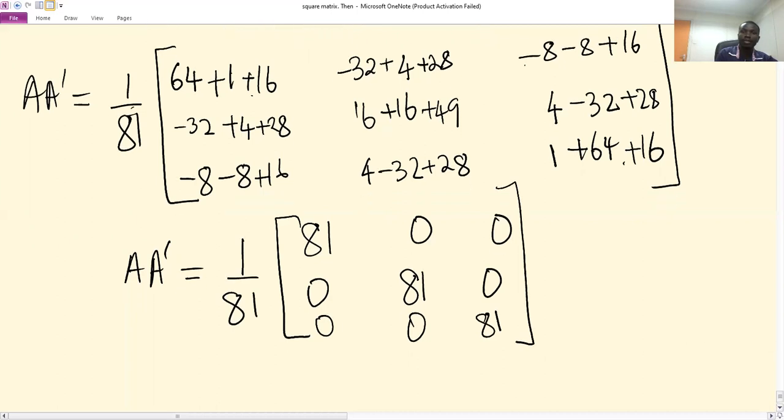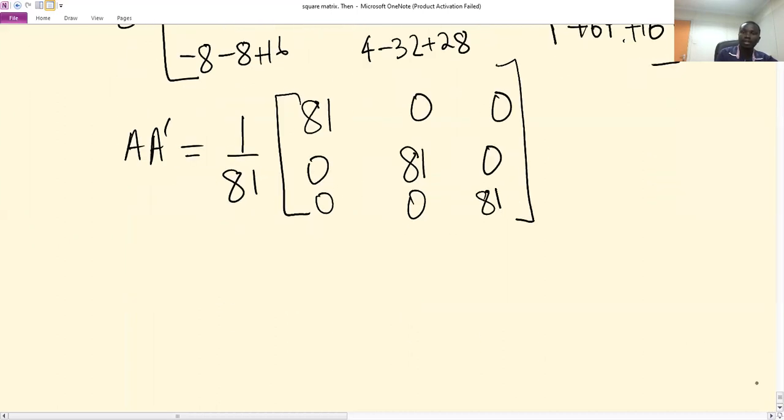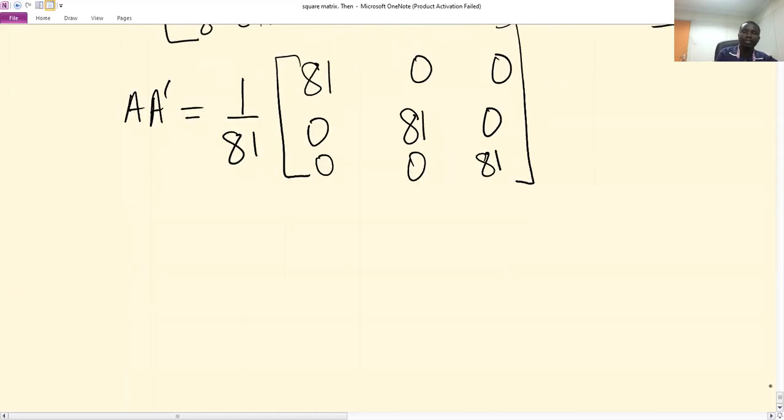Now, inside this matrix, 81 is a common factor, so pull it out.